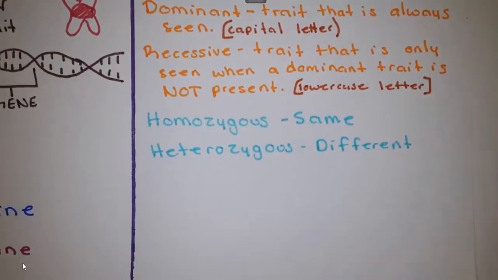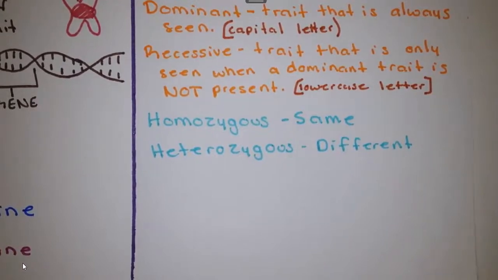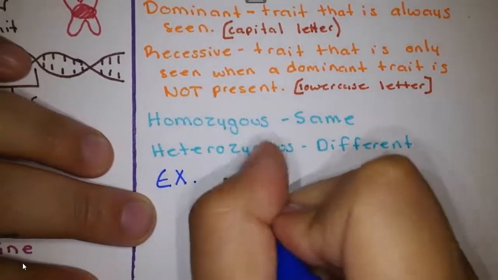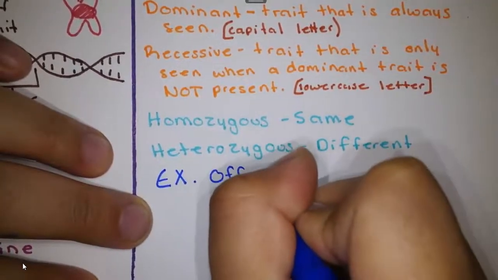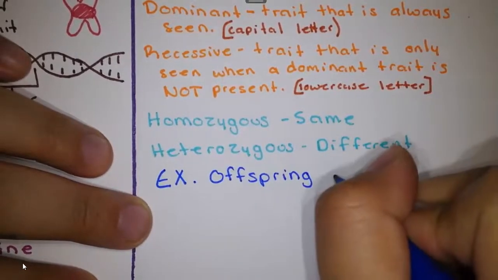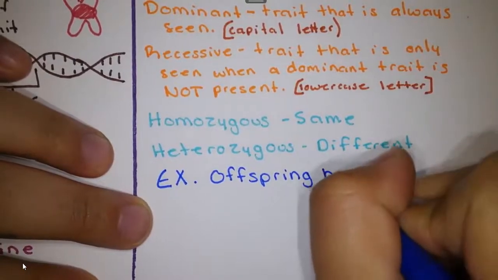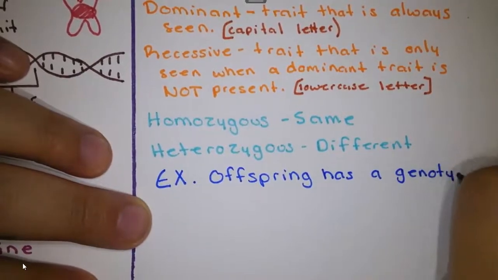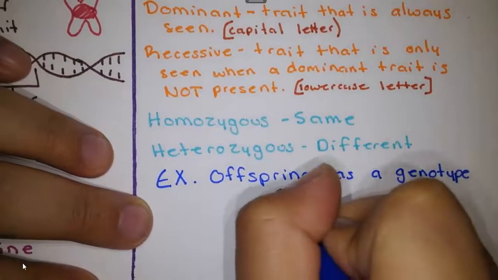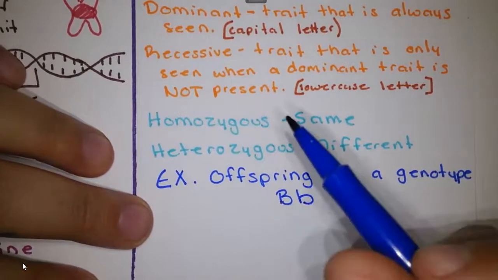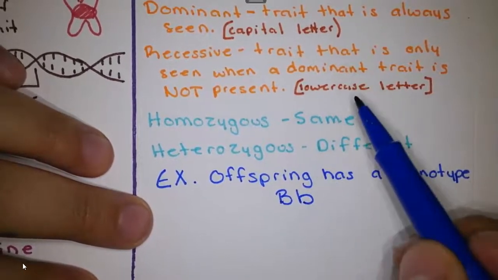So how do I apply this whenever I say, well, I have a homozygous dominant trait? Well, let's say we're talking about eye color, and we have an offspring, and this is an example, so I'm going to put EX. The offspring has a genotype capital B, lowercase b, where capital B is dominant, right, capital letter, and lowercase b is recessive.